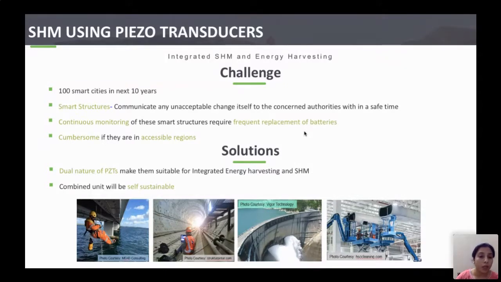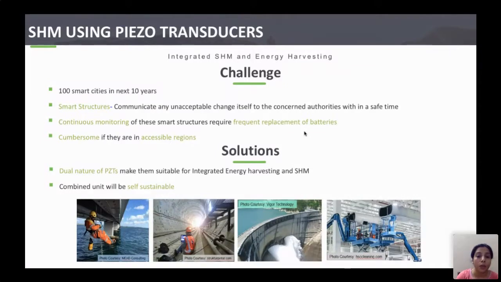For that, we might have to frequently change the batteries, but sometimes it becomes really cumbersome and maybe impossible if the whole system is attached in an inaccessible region. With our rigorous research, we have developed a solution for this problem by using the dual nature of PZT patches.